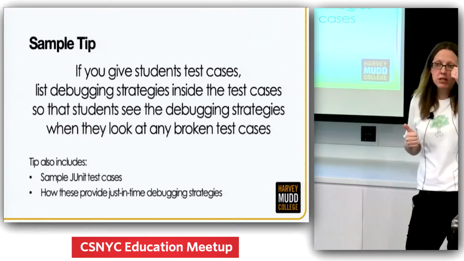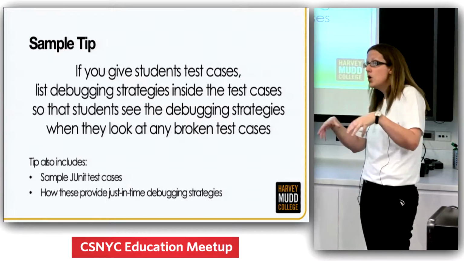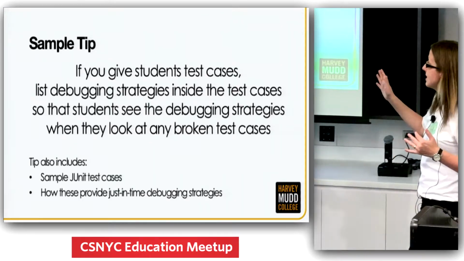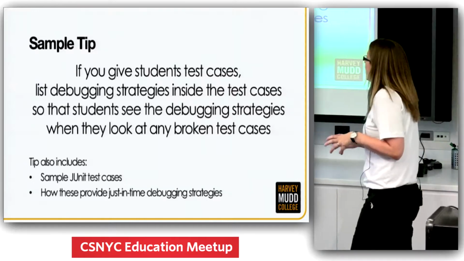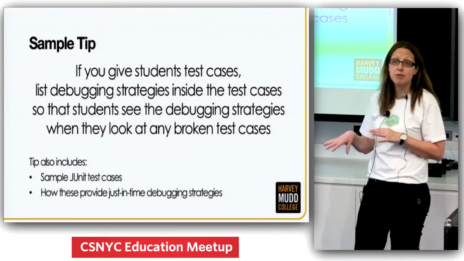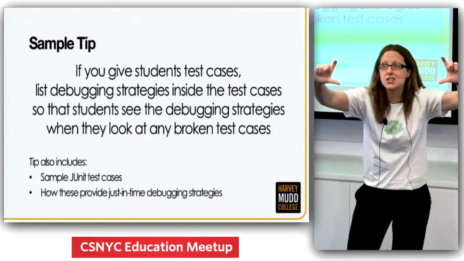Here's another example. If you work with your students writing code in a language that has automated testing, what I do is give students test cases that list debugging strategies inside them, so students see the debugging strategies when they look at any broken test cases. So if you've got automated testing, it's like, oh man, this one doesn't work.